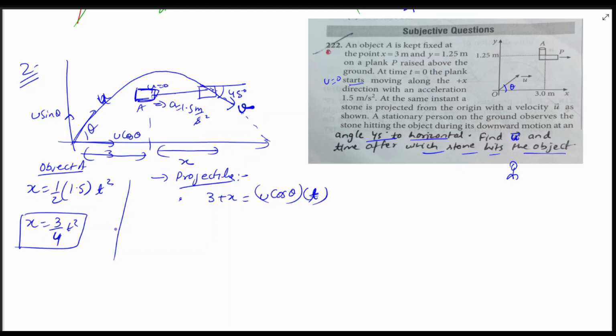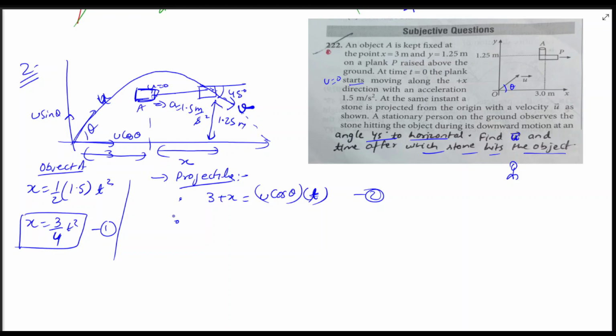This is our second equation. So this is first, this is second. Now we know for a fact that this distance is 1.25 meters.